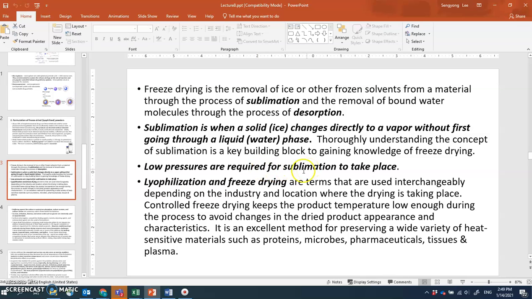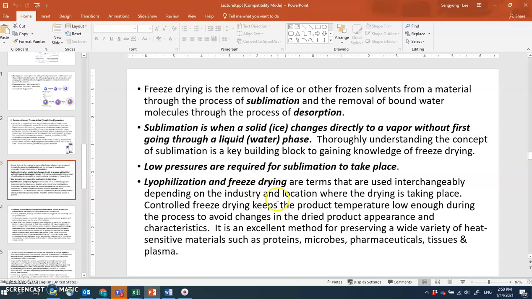Okay, so lyophilization and freeze drying are terms that are interchangeable. But actually, freeze drying is a more descriptive term when you try to explain the process, because if you look at this process, you freeze your drug first, and then you dry it. You are not freezing and drying at the same time. It's a sequential process. You freeze it first and dry it.